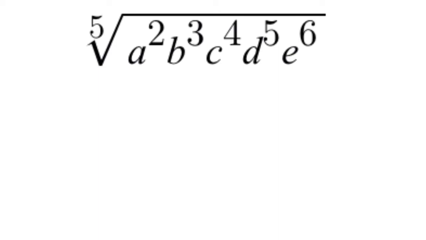So let's start out by taking our square root, or cube root, or 5th root in this case, not 3, and making all of our powers into fractions. So there we go.